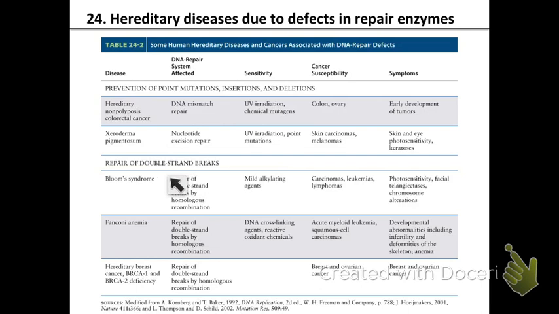And then there are also other syndromes like Bloom syndrome or predisposition to breast cancer, because BRCA1 and BRCA2 are involved in homologous recombination repair. Okay? So this is pretty famous, right? Mutations in these two genes can cause breast cancer. So a lot of these mutations in the repair genes are no good.